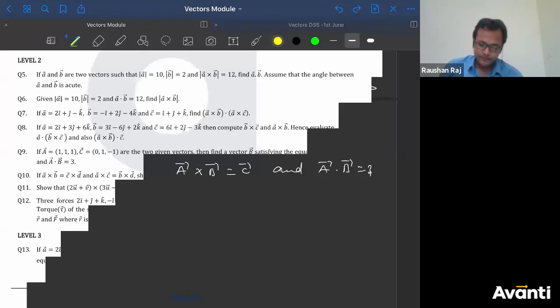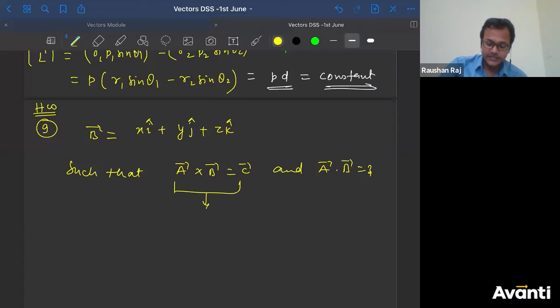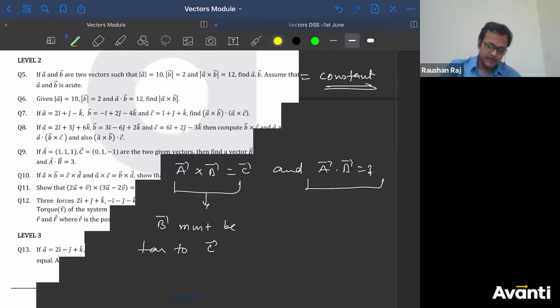What is the meaning of this? This will give us the relation that B must be perpendicular to C. Then what does this suggest? What is A dot B? Go to the equation. What is A vector?